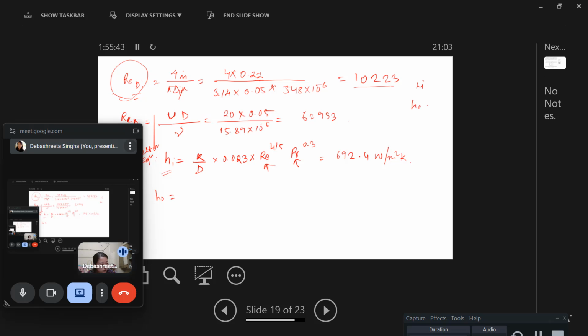This is for external flow and is a general correlation.